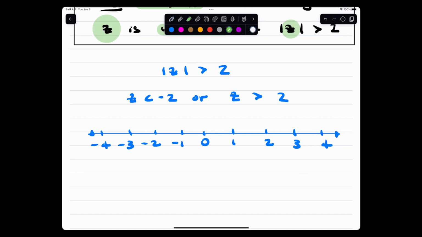So anything bigger than +2 or smaller than what? -2. Okay. This is where the z-scores, which it really is your x-scores, are what? Unusual.